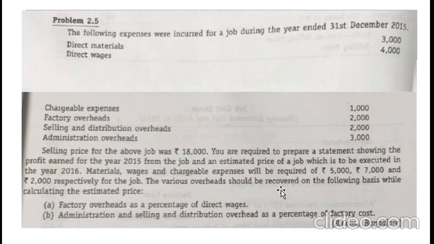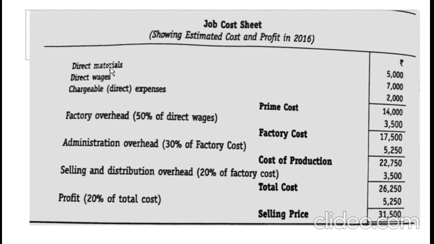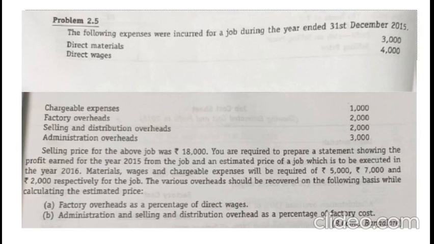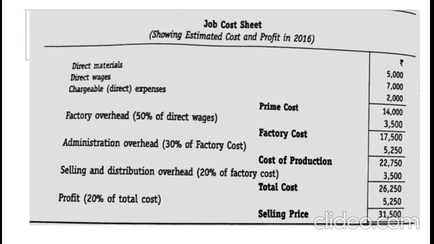Then the various overheads should be recovered on the following basis while calculating estimated price. Yes, so first we will take your direct expenses. How much is your materials? 5,000. So now in our estimated cost sheet we will take materials 5,000. Then they have given direct wages. How much? Wages is 7,000. So we will take wages 7,000.